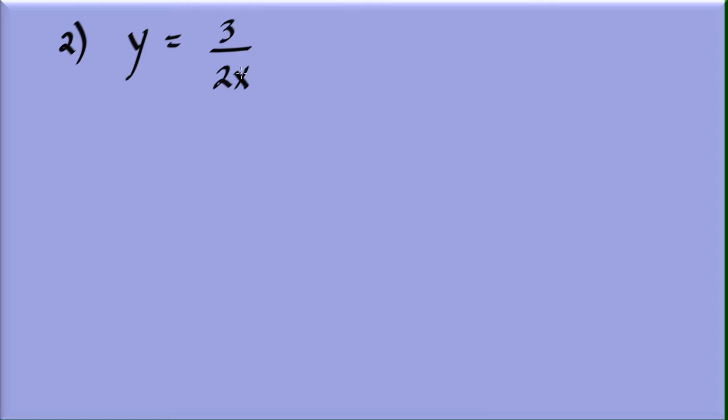Now, notice that this x is now part of the denominator and we have a constant numerator. If you remember from my previous video about the reciprocal rule, we have a shortcut in case we see something like 3 over 2x, which is a reciprocal.